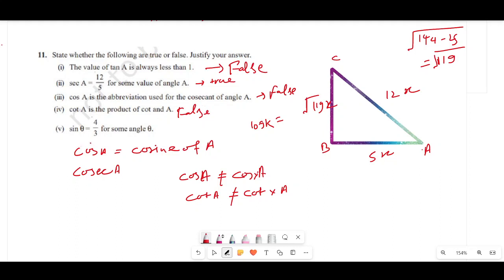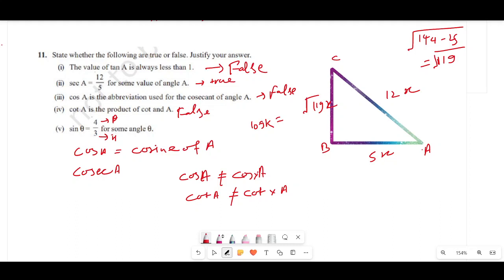Now come to the fifth point. Sin theta is 4/3 for some angle theta. Clear? Don't worry. If you take this as perpendicular, this as hypotenuse. Clear? But the hypotenuse side is less.